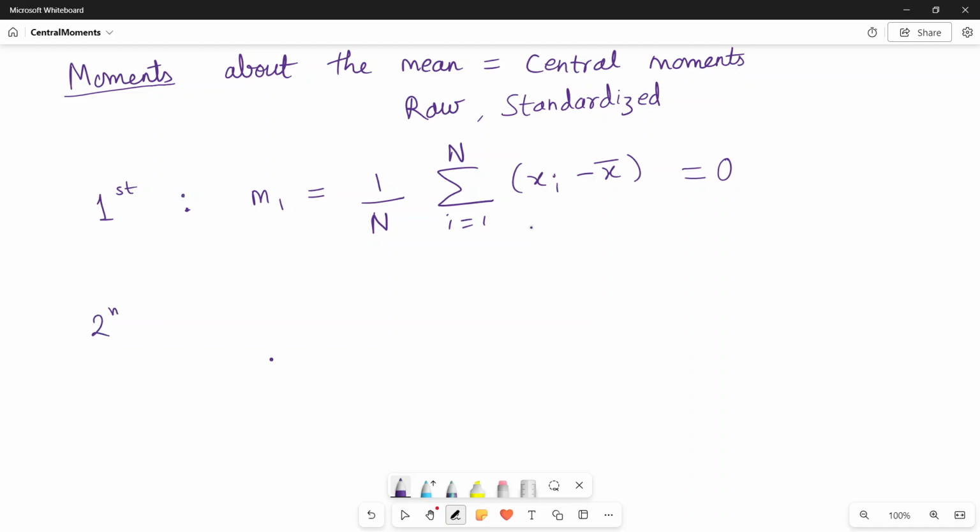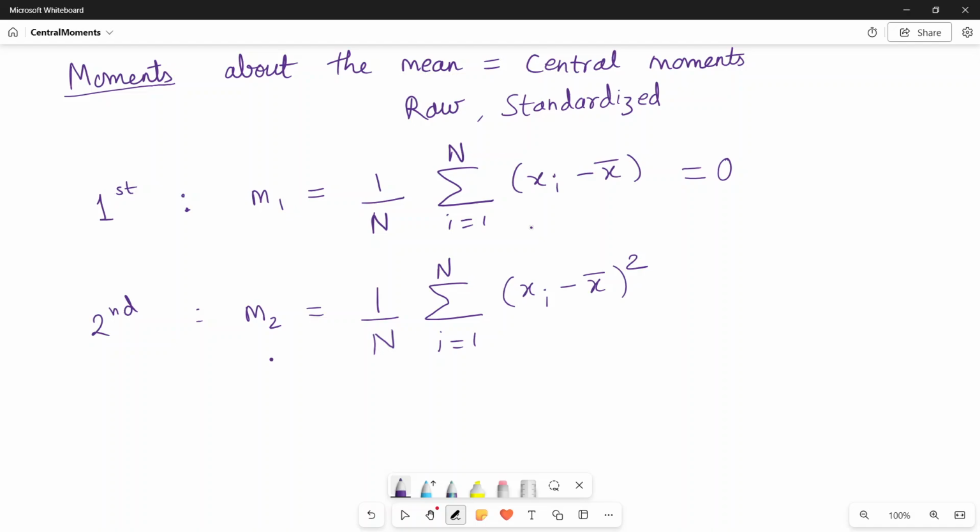Now let's talk about the second moment. Second central moment denoted by small m2. Again, this is 1 upon n, again there is a summation, summation i goes from 1 to n, and xi minus x bar term is still there. But now instead of having a linear term, we square it.